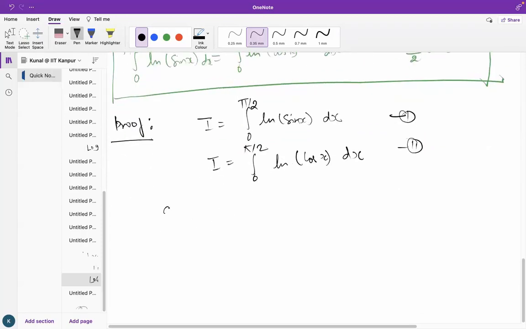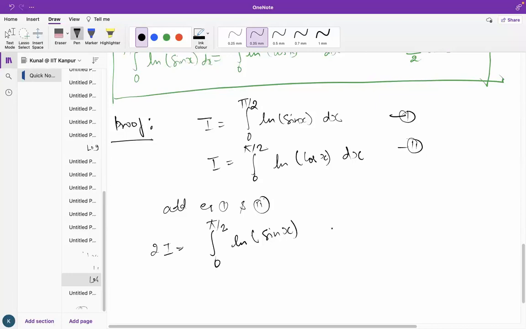Add equation 1 and 2. When we add equation 1 and 2, what do we actually get? We get 2I is equal to the integral from 0 to pi by 2 of ln of sin x plus ln of cos x, right? I hope you all understand this.